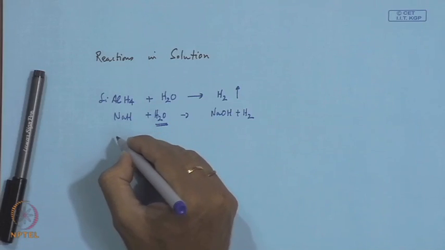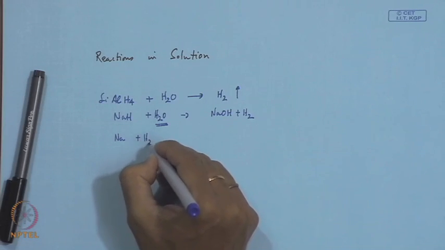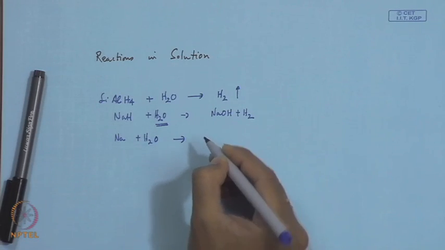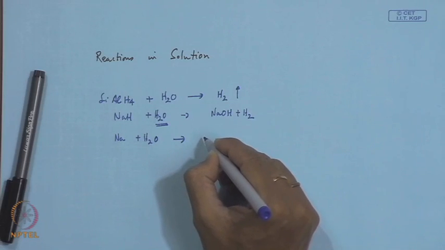Or it may be physical. It may be physical means such chemical reactions may not take place. Na plus water, you may expect evolution of hydrogen.